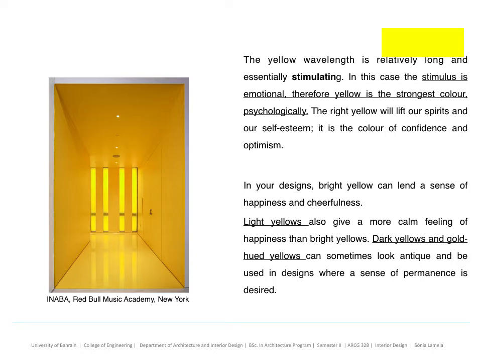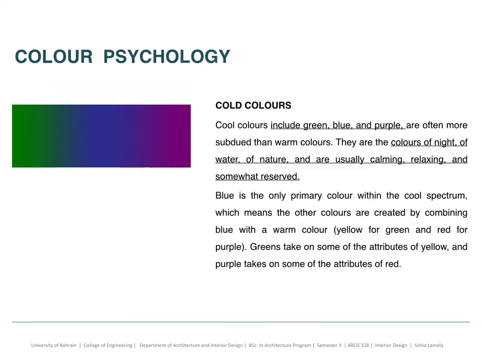So overall it's like this, but sometimes when we are using dark yellows or gold hue yellows, we can connect to antique designs, the sense of permanence, like immortal, always there, always in fashion, very formal kind of design.